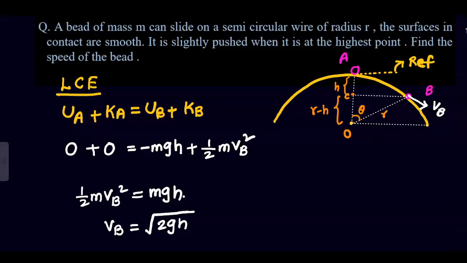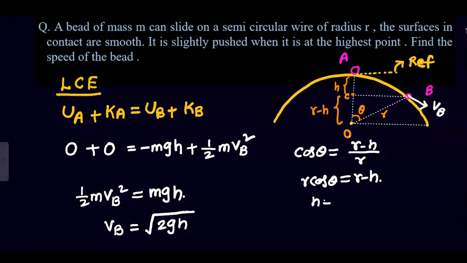For this, we take the triangle OCB. From triangle OCB, cos theta equals R minus h by R. Cross multiplying, R cos theta equals R minus h, so h equals R times (1 minus cos theta).